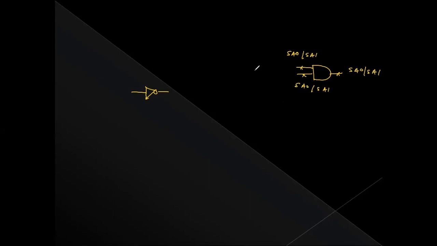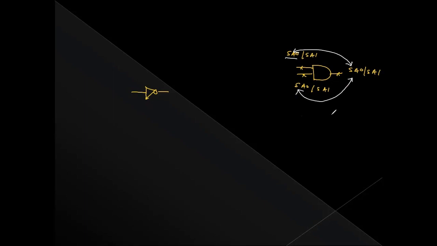But I know that if any of the inputs is 0, then my output is also going to be 0. So I can have equivalence between these. And even if a single input is 0, the output will be 0, so I can have equivalence between these two.